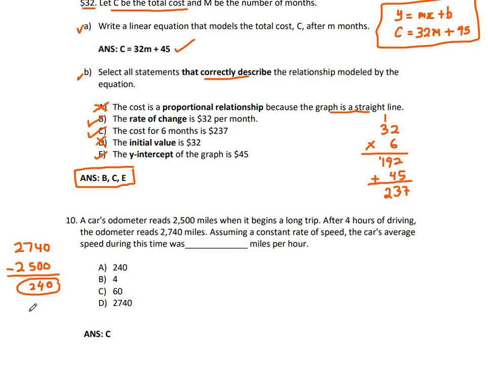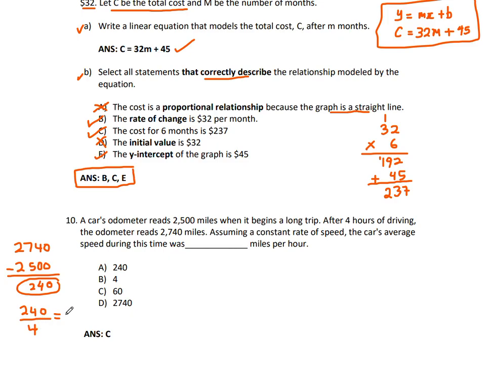But that's not what we're interested in finally. What we're interested in is the average speed. And the average speed is going to be found by dividing the distance traveled by the time taken. So the total distance traveled is 240 miles divided by the time taken, which is 4 hours. So therefore, it's going to be 240 divided by 4.